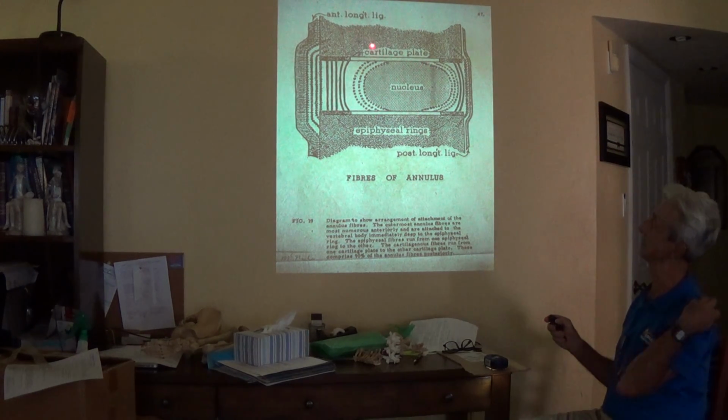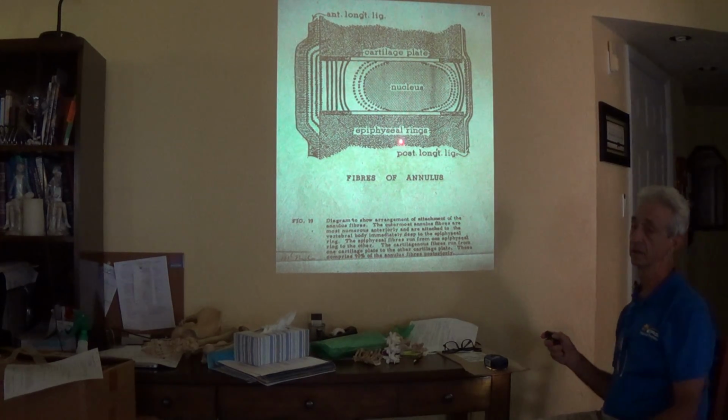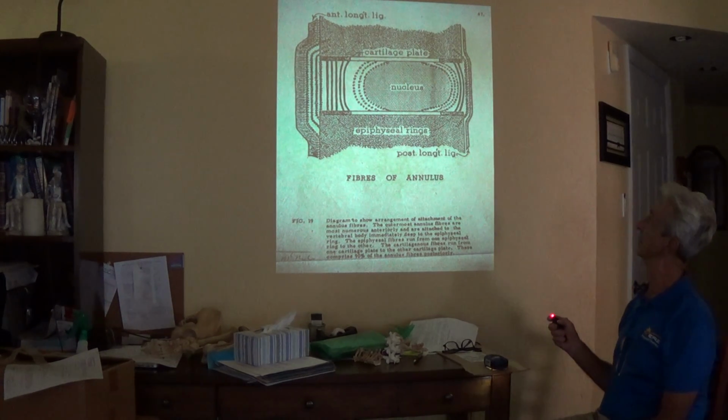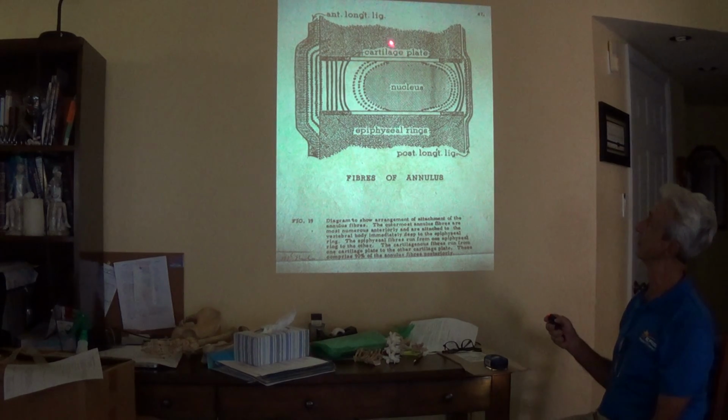That's important because the disc itself is avascular. And the things that you hear about the disc healing are probably not true, because the disc itself really doesn't have blood supply. It gets its nutrient from diffusion of fluid between the body of the vertebra and the nucleus through weight bearing and non-weight bearing.